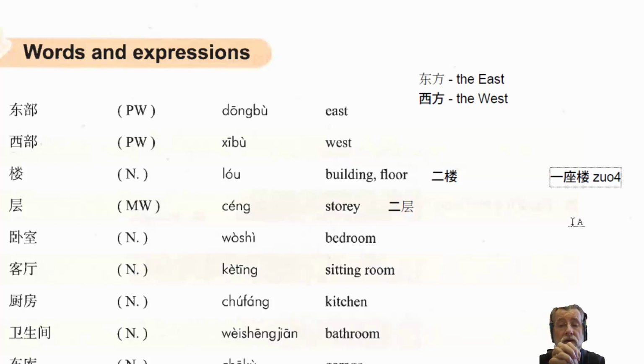一座楼. How would I know the difference between, if somebody was telling me second floor and building number 2? So we've got 二楼 for second floor, and if it was building number 2, it would be 二号楼. So there's the difference.